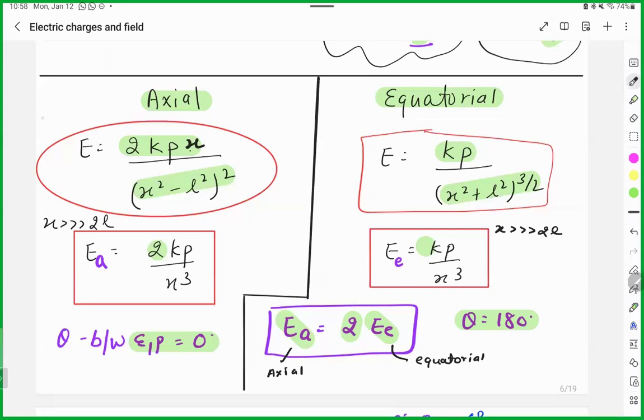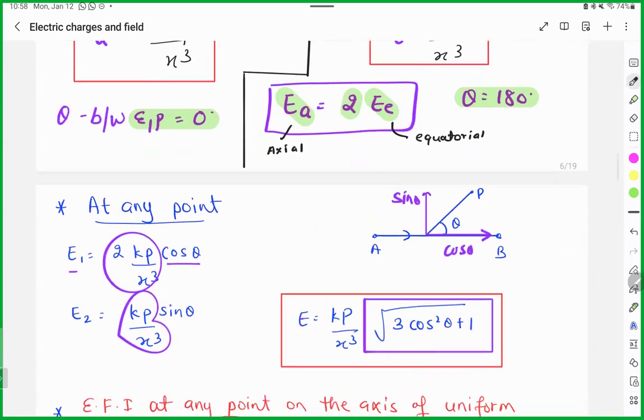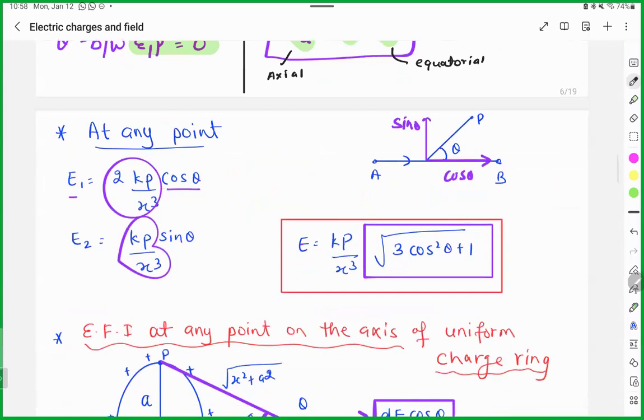Okay. Then this is at any point. If you calculate at any point, what will be the situation? This is again a dipole. The dipole has minus q and plus q.